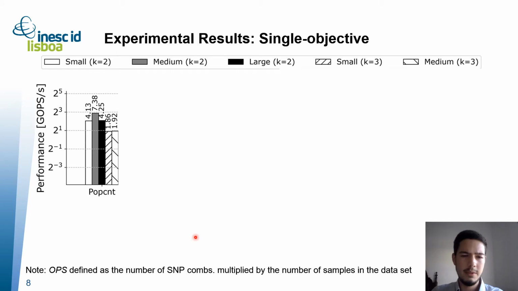Every result will be presented using 5 different tests with the 3 different datasets and 2 interaction orders, k equals 2 or k equals 3, represented by these 5 bars. The first result presented is the population count based algorithm running only in the CPU.